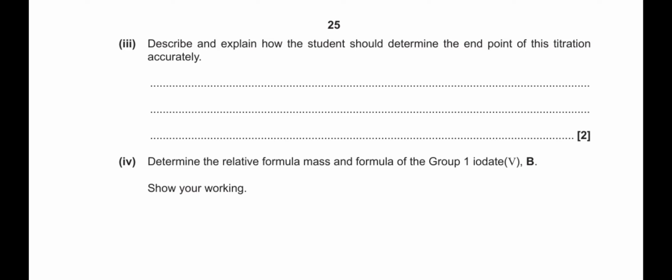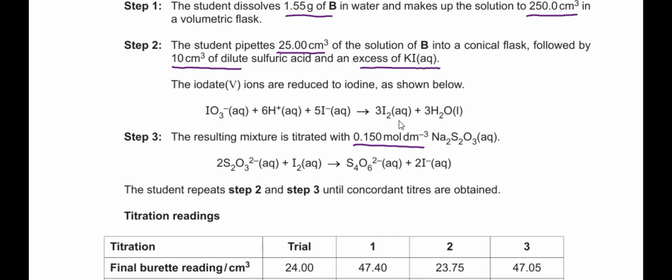Describe and explain how the student should determine the end point of this titration accurately. Here we should explain what indicator to add, when to add, and what will be the color change for the solution. If you look at what happens during the titration here, we have thiosulfate in the burette and iodine solution in the conical flask.